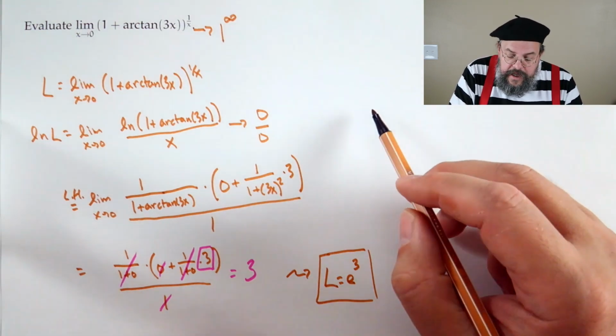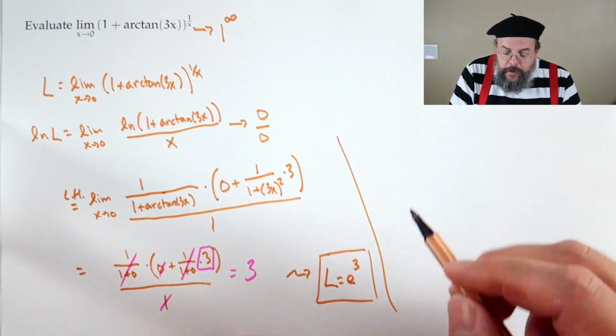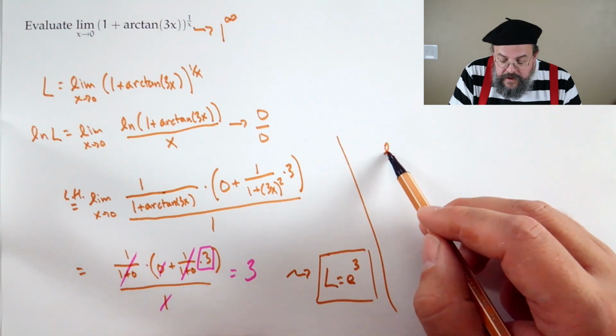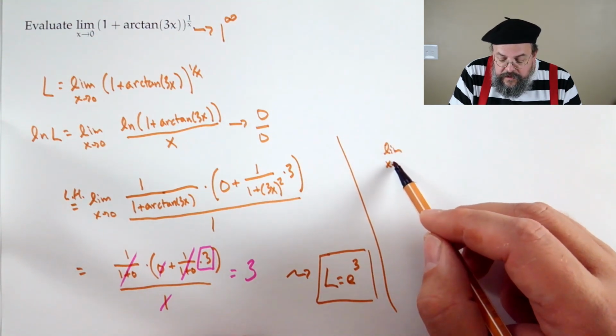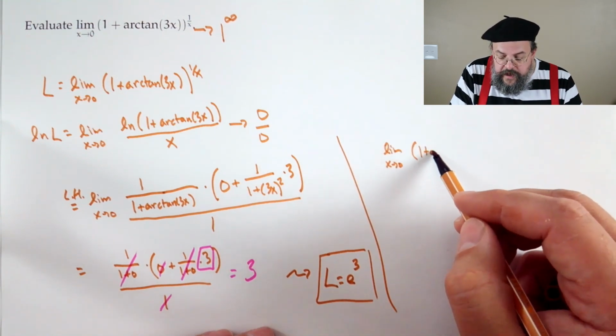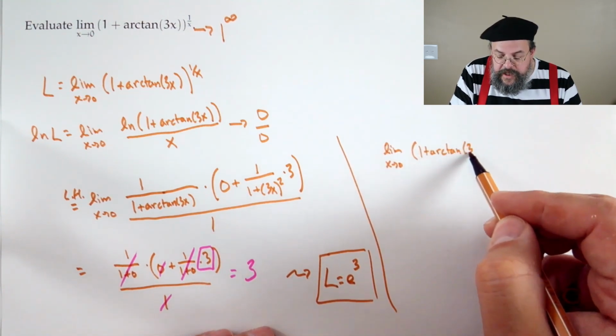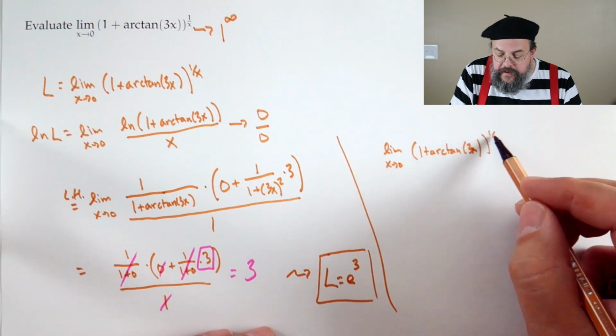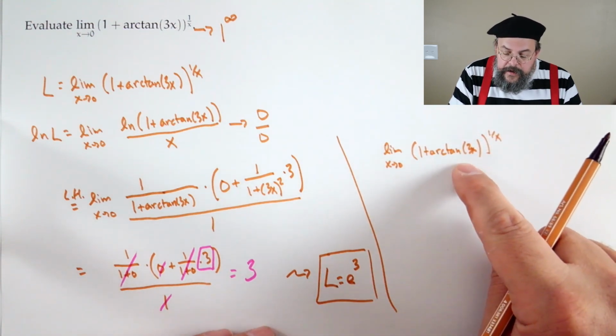Well, we can say, hey, if we're taking our limit as x goes to 0 of 1 plus arctangent of 3x to the power of 1 over x, I say I really want a log.